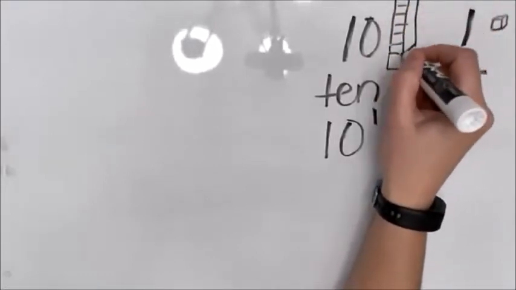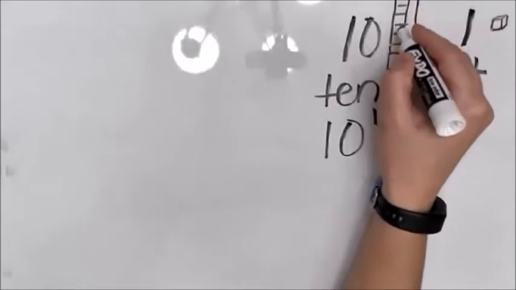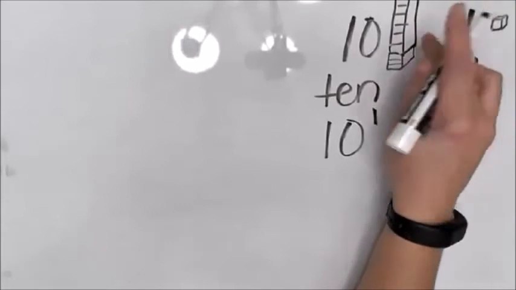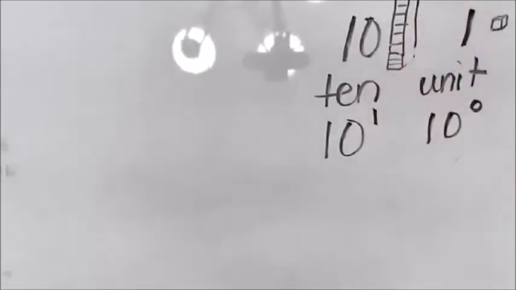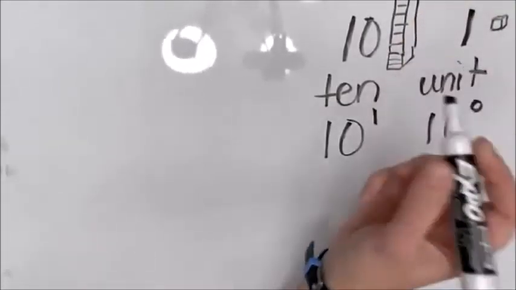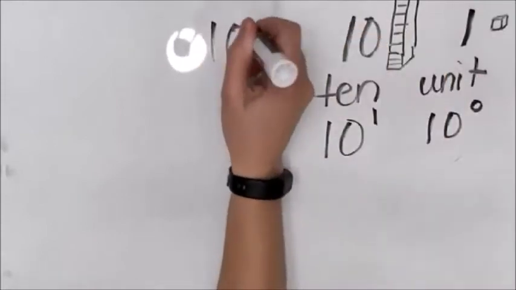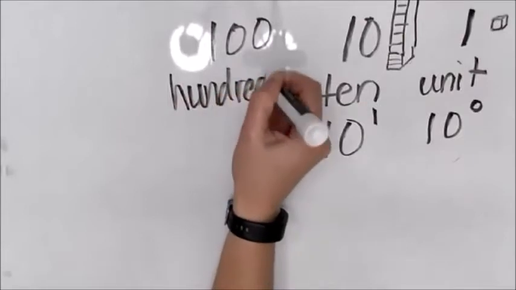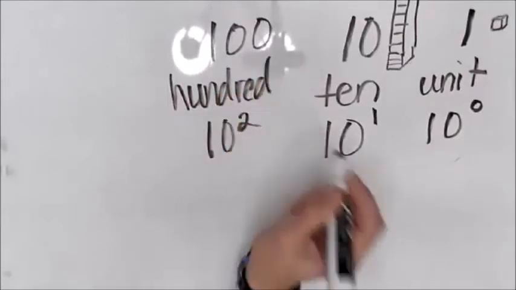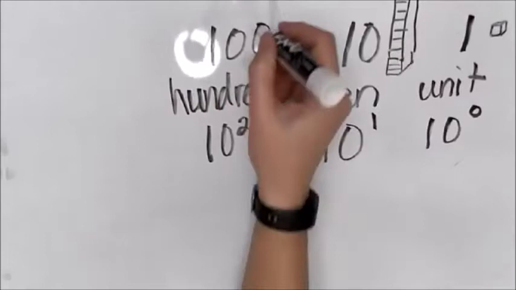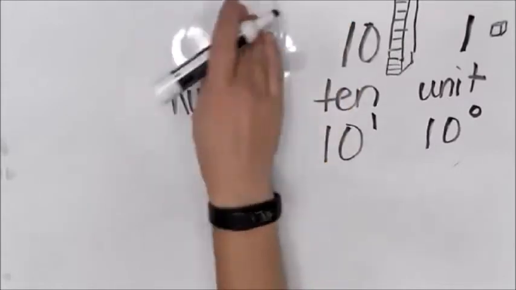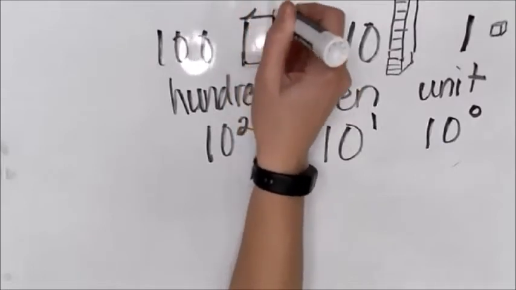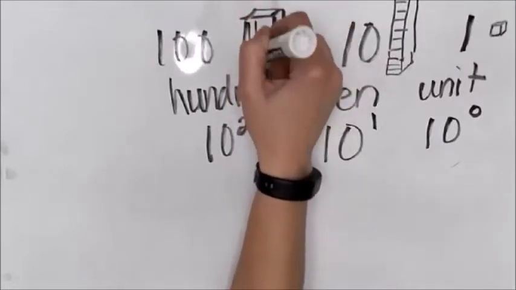Oh, it's not quite right. 1, 2, 3, 4, 5, 6, 7, 8, 9, 10. It's not perfect, but you know what I mean. It's the 10 stick. And then when we looked at the 100, it was 10 squared, and the 10 square was the 10 stick with 10 of those laid out together.